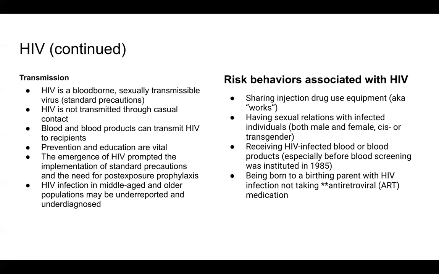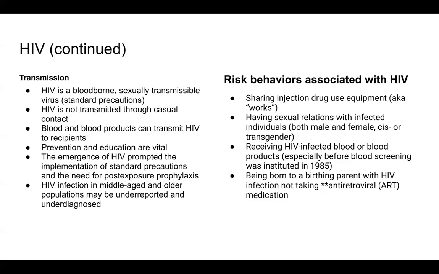Risk behaviors associated with HIV can include sharing injection drug use equipment, having sexual relations with infected individuals, both male and female, receiving HIV-infected blood or blood products. This is especially before blood screening was instituted specifically for HIV in 1985.